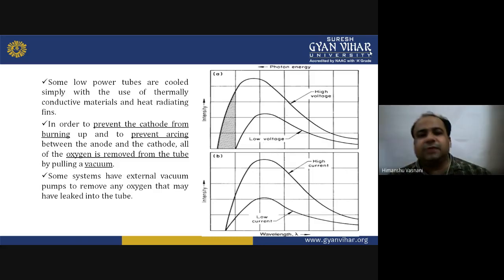Some systems have external vacuum pumps to remove any oxygen that may have leaked into the tube. So there are arrangements for proper functioning of the X-ray generators. The purpose is to prevent the cathode from burning and to prevent arcing between the anode and the cathode.